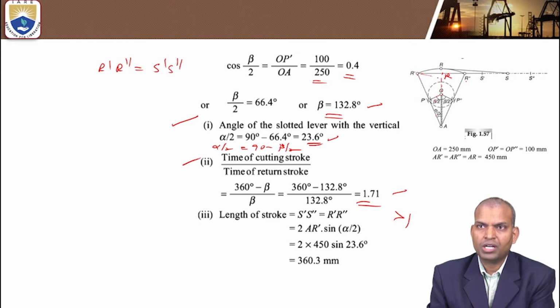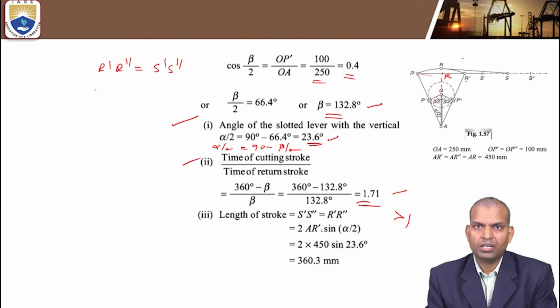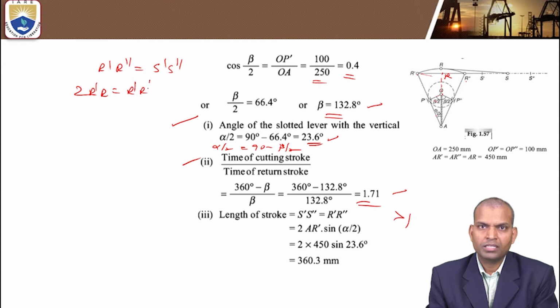We want R dash R double dash, which is 2 times R dash R. Now R dash R is nothing but AR sin alpha by 2. Again it is a right angle triangle, so it is 2 times AR sin alpha by 2.